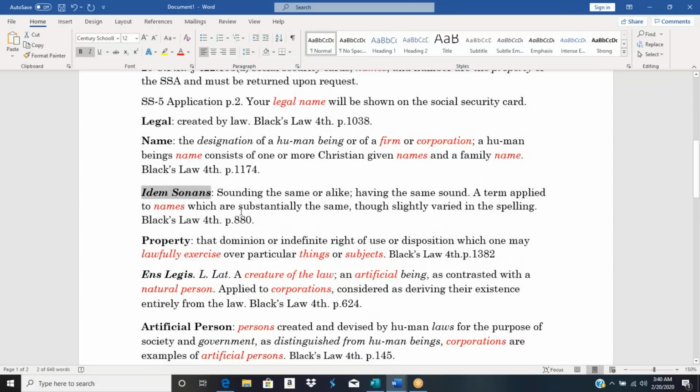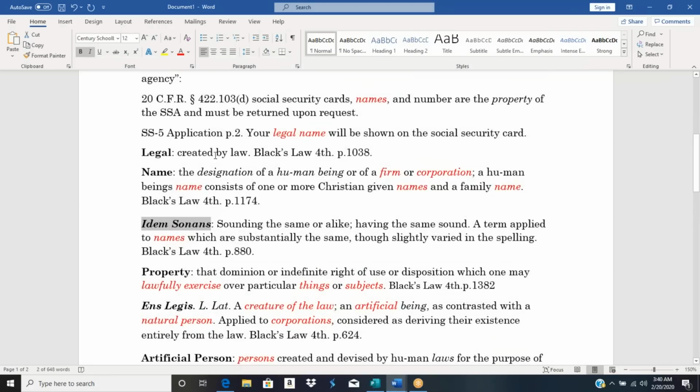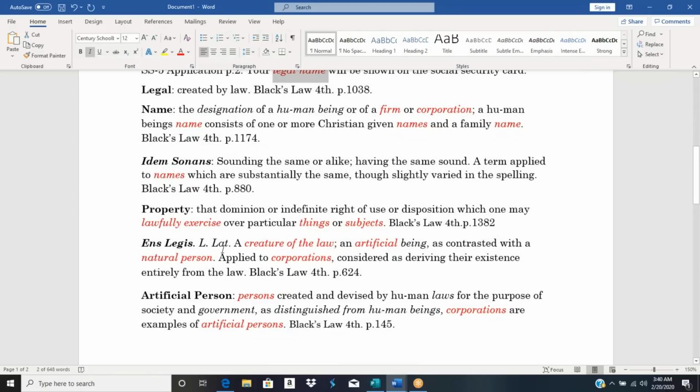Wow. So that legal name, right? Legal means created by law. Is an ens legis. You see it? It's created by law. So the legal name is created by law, which makes it an ens legis, a creature of law. It is an artificial being which you are providing commercial energy and surety for.